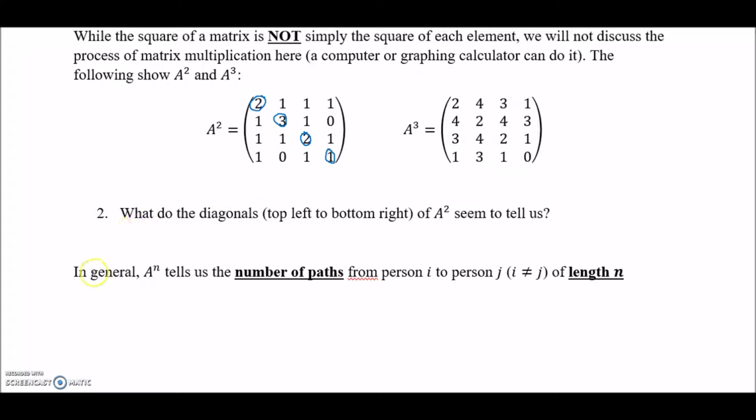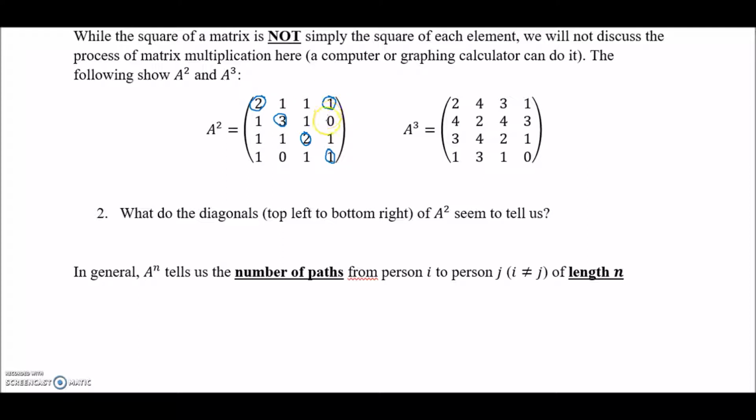But what we actually can tell from this is, in general, A to the n tells us the number of paths from person i to person j, where we're not talking about a person to him or herself, of length n. So for instance, let's pick on this value right here. This one tells me that there should be exactly 1 path of length 2 to get from Bob to Ed.